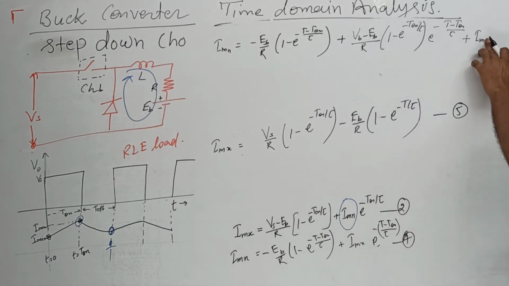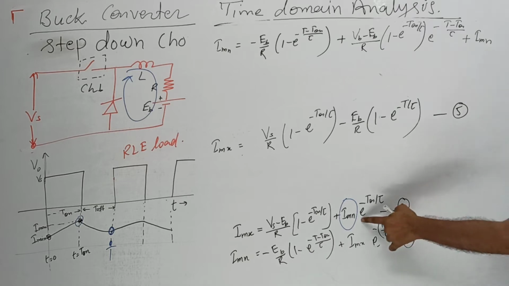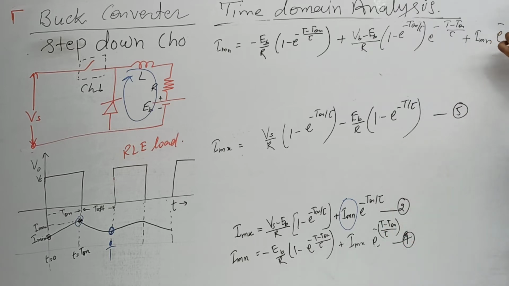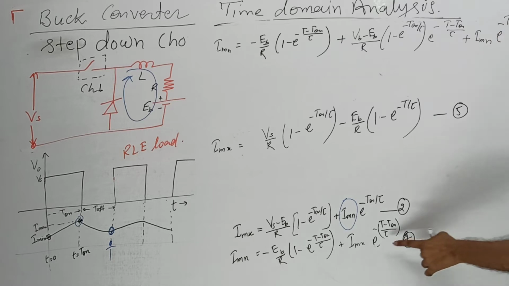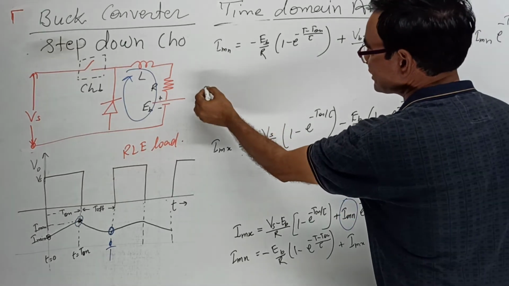It is Imn, e raised to power minus T on upon tau into e raised to power minus T on upon tau. Okay, this is the value. So now we are taking Imn as a common factor.